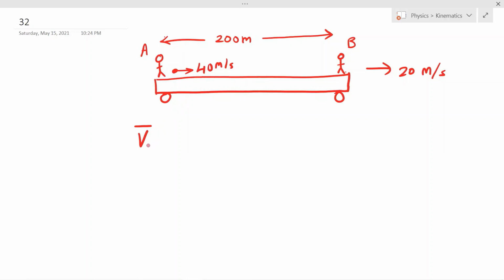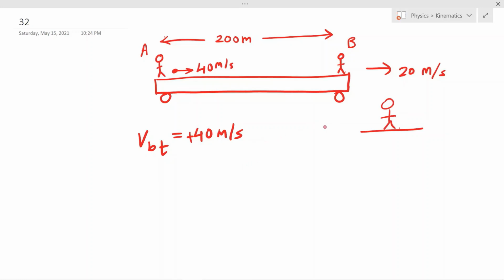So the velocity of the ball B with respect to the trolley T is equal to 40 meter per second, and it is in the plus direction, that is towards right. So this is the velocity. Now what will be the velocity of this ball with respect to an observer standing on the ground?